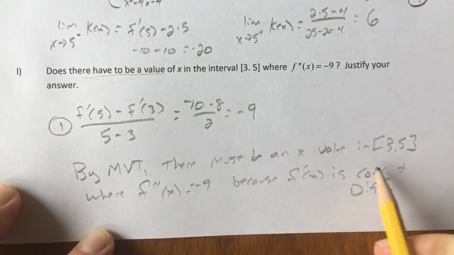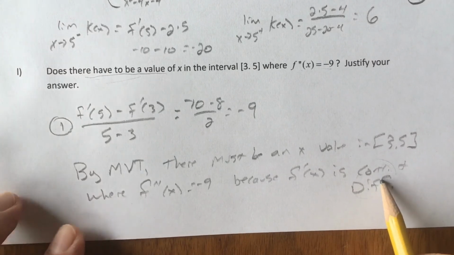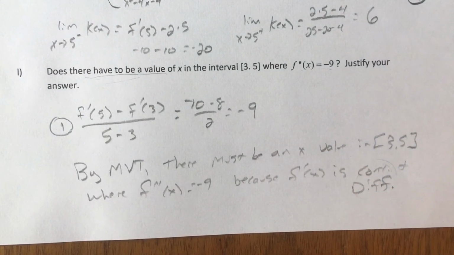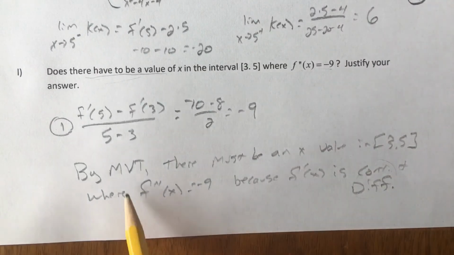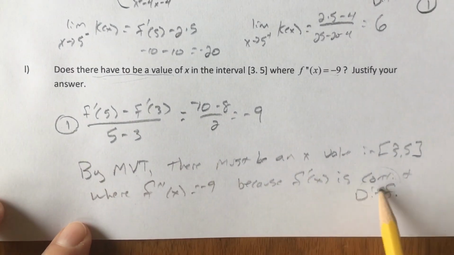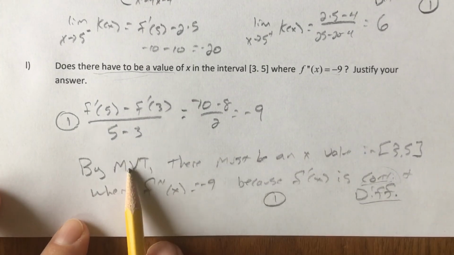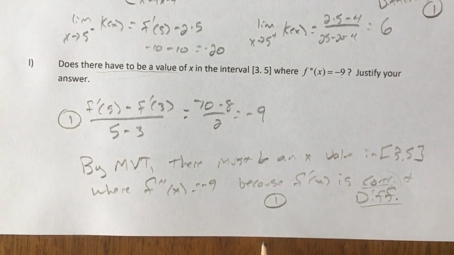So that's the only requirement for the mean value theorem, is that it's continuous and differentiable, and we know that it is based on the very original statement in the directions. So the mean value theorem, and I think you may have to say continuous, but maybe they would let you off with just mean value theorem, but a second point there.